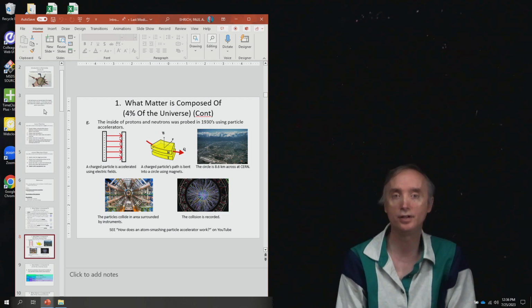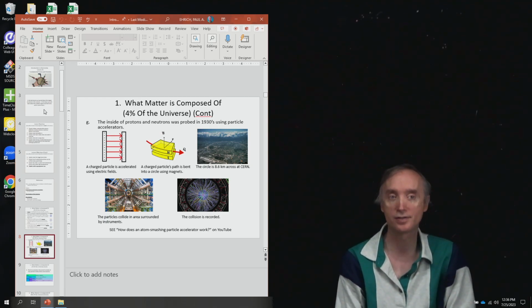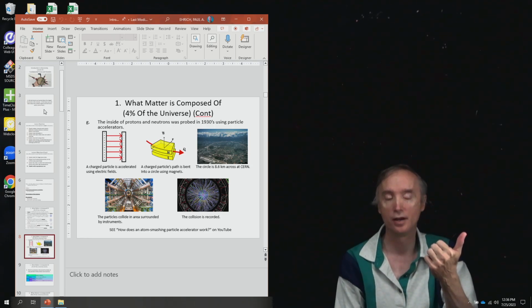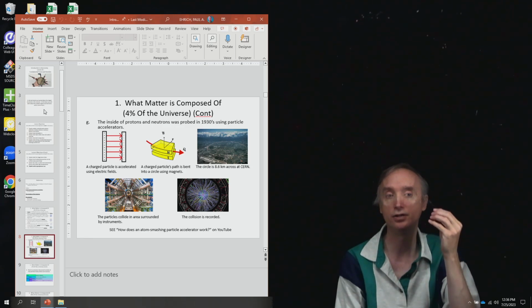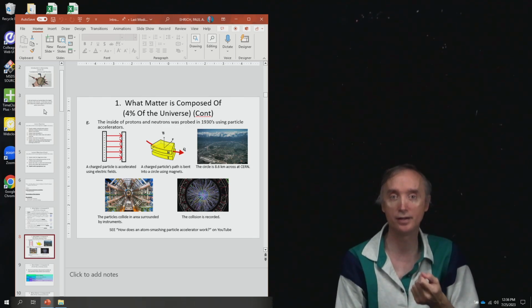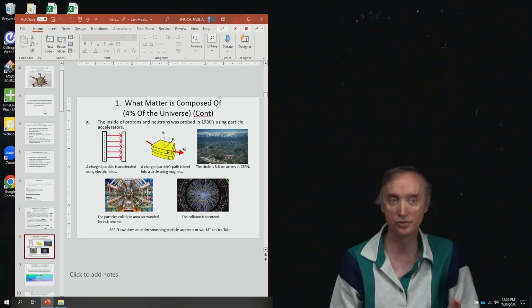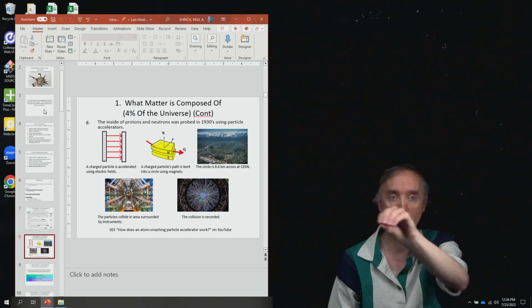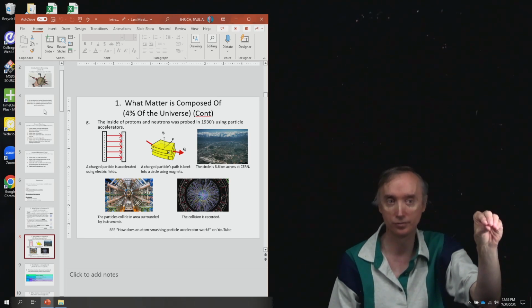Okay, next you need to know what a particle accelerator is. It's called an atom smasher. It's also called a particle accelerator. And you need to know how it works. The idea is that we use electricity, electrical voltages, to accelerate an electrical charge.